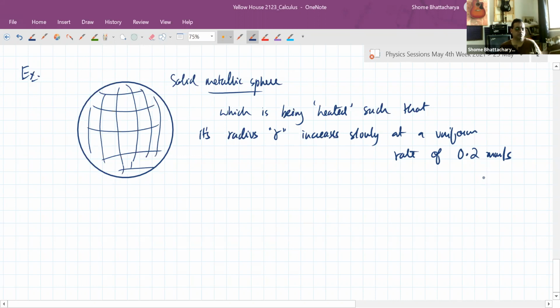Sorry, that is 1/5 of a millimeter per second, or 1/50th of a centimeter per second. So it's increasing at that kind of rate, very slow rate. Okay.